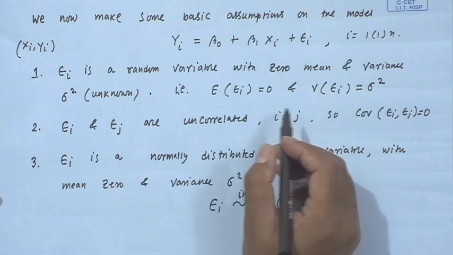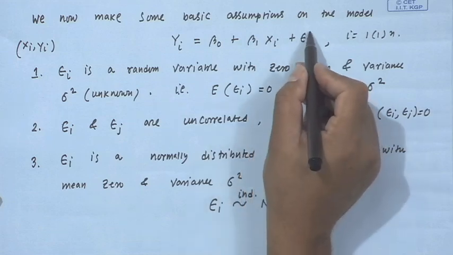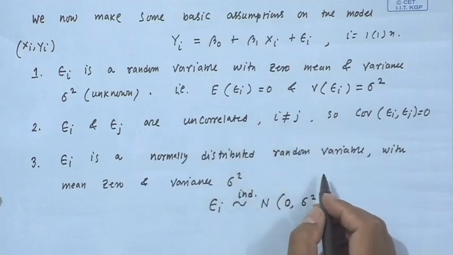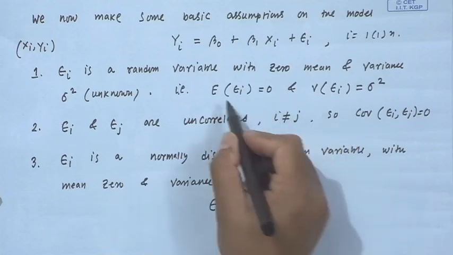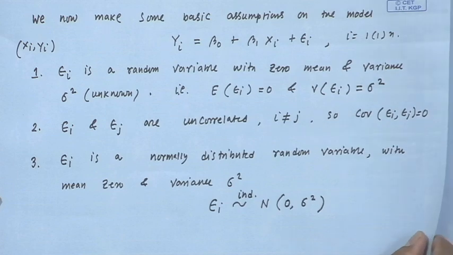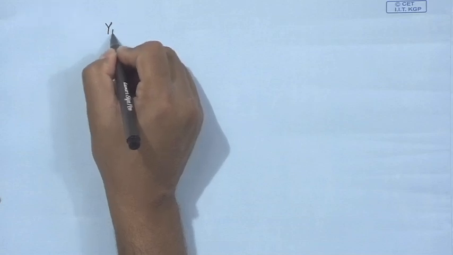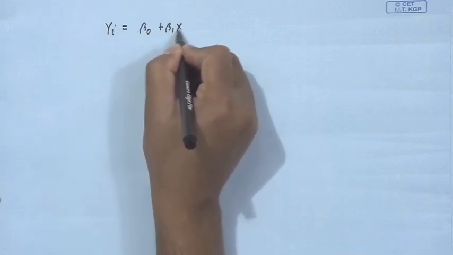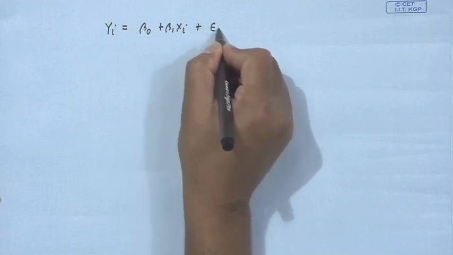And we made several assumptions on epsilon I. Now, what is the consequence of these assumptions in terms of y? So, y I is equal to beta naught plus beta 1 x I plus epsilon I.